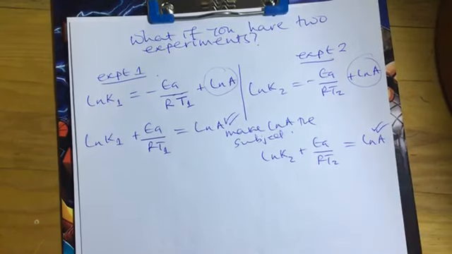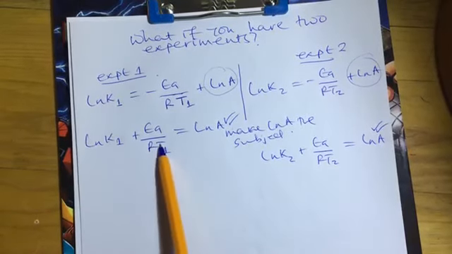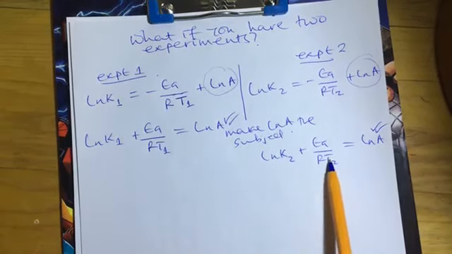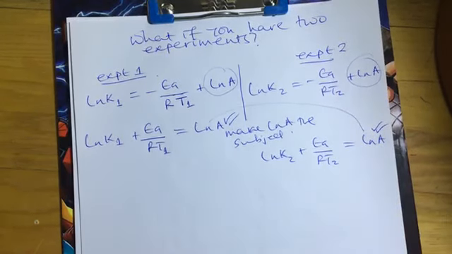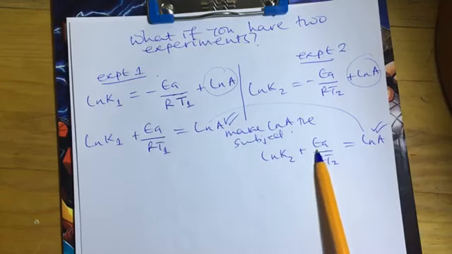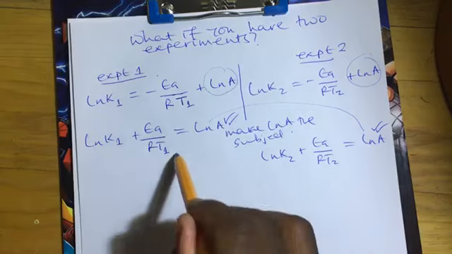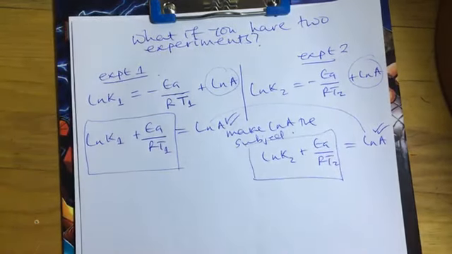I hope you guys remember the transitive rule. This is equated to lnA, and this whole expression is equated to lnA. lnA is the same as lnA. So if this whole thing is equated to lnA, and this whole thing is equated to lnA, then I can equate these parts directly to each other. Remember I told you you don't really need to concern yourself with A, because it disappears when we derive.